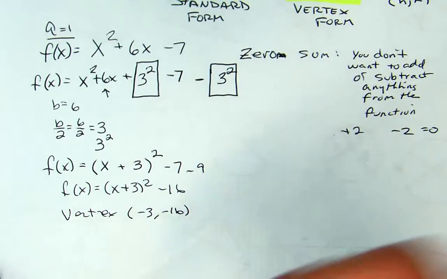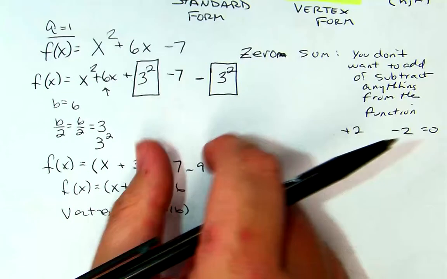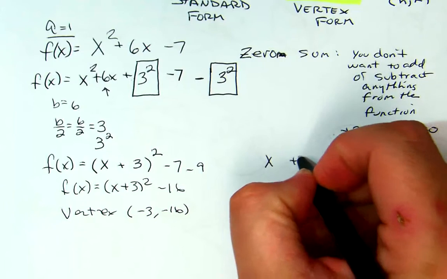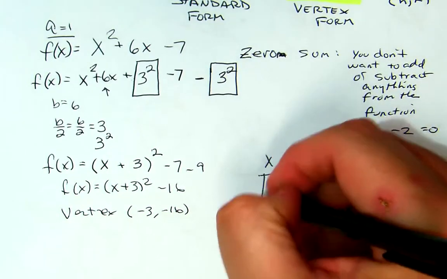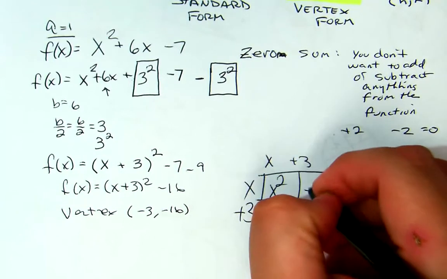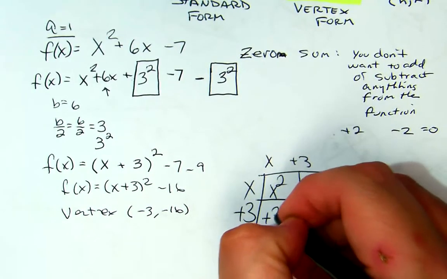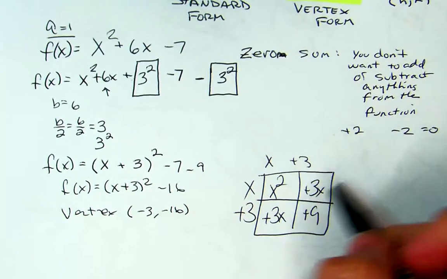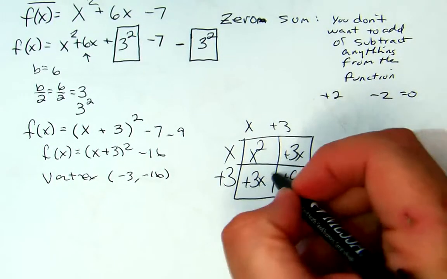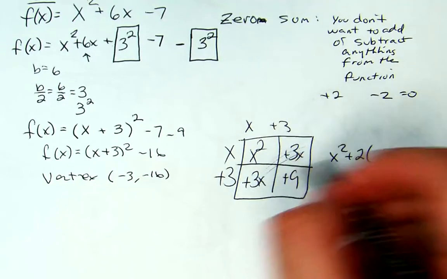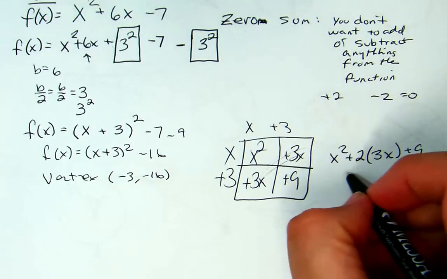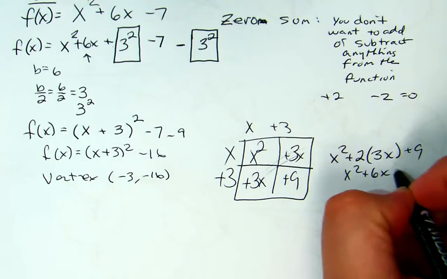Now, the reason why this works is when we deal with (x plus 3) quantity squared, you have x plus 3 times x plus 3. You get x squared plus 3x plus 3x plus 9. And from here, you get x squared plus 2 3x's from this diagonal right there, plus 9, which is x squared plus 6x plus 9.